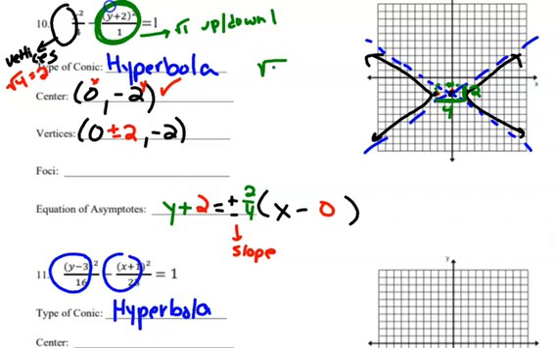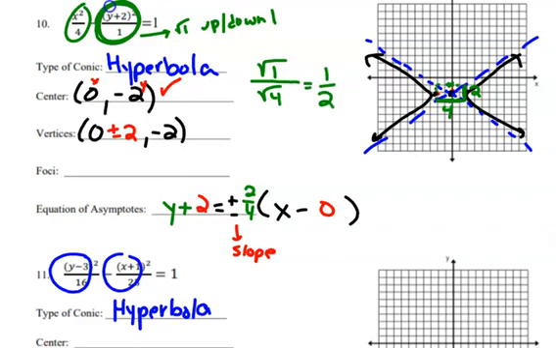I can take the square root of what is underneath the y's over the x's. Run is always right, left. And this is 1 over 2. So that's another way you can do slope. I usually just look at the rectangle and do the rise over the run of the rectangle.